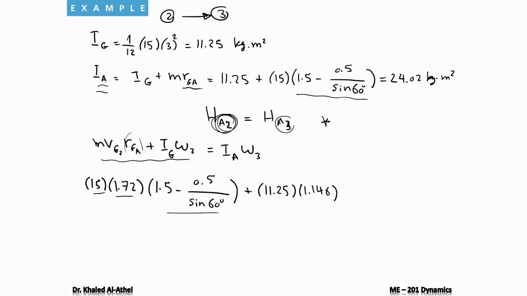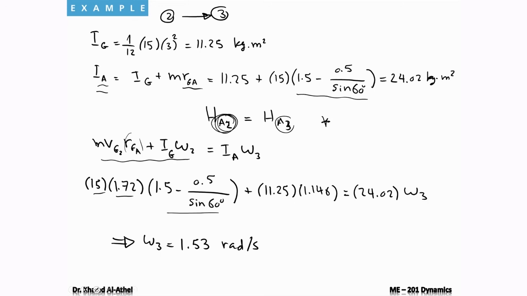This is the one that we have. And then IG omega is straightforward. Equals, now, since I'm taking H around A, I already have the value calculated: 24.02 multiplied by omega 3, which is unknown, which is what we need to find. This is at position 3. If you solve this, you end up with omega 3 equals 1.53 radians per second. And this solves the problem.